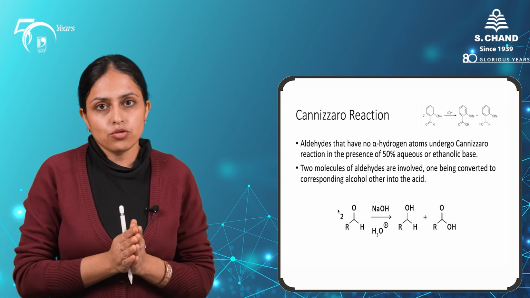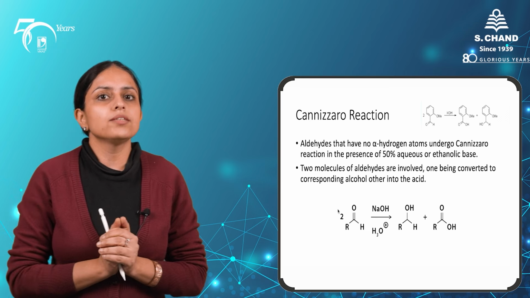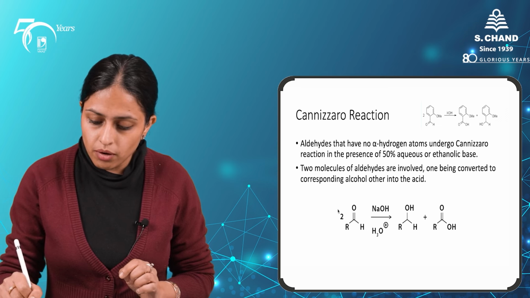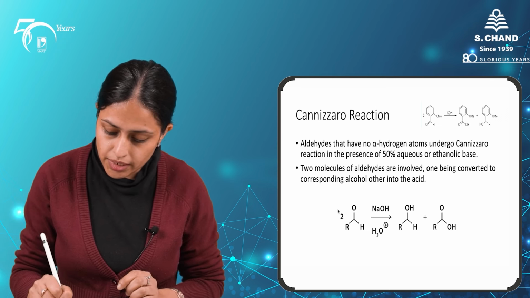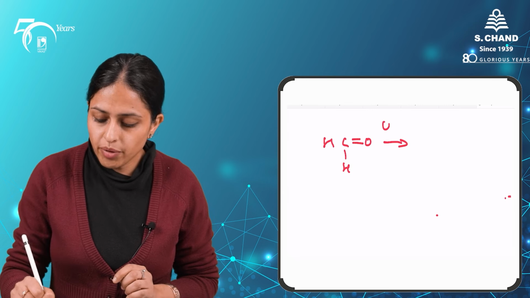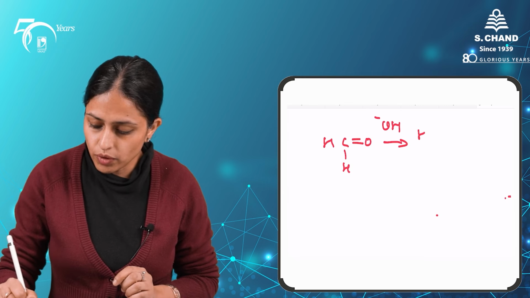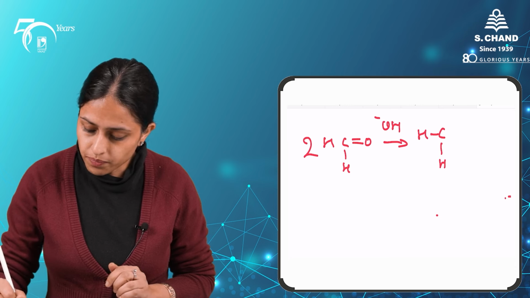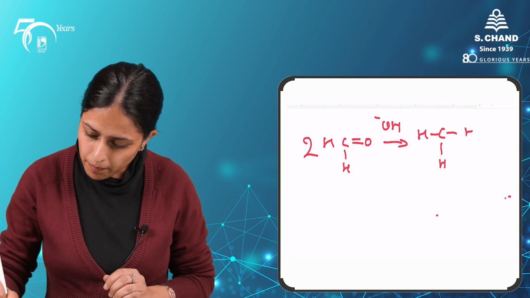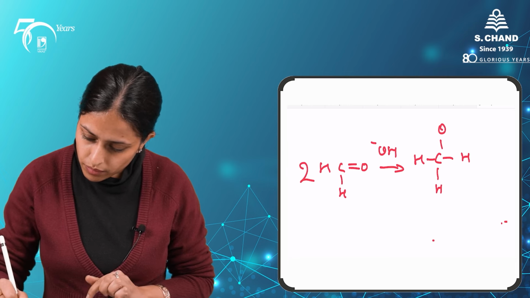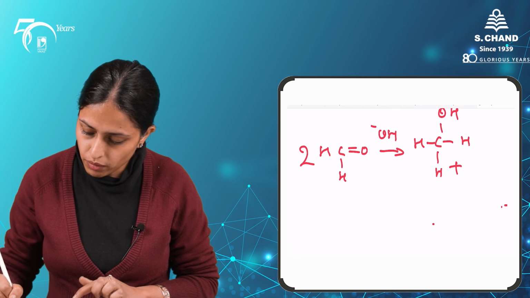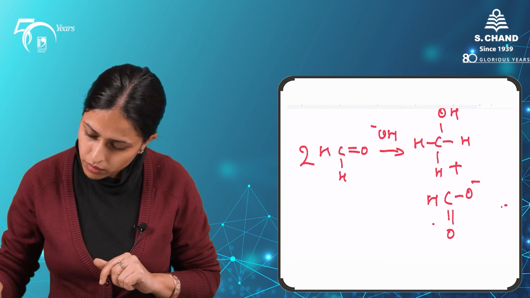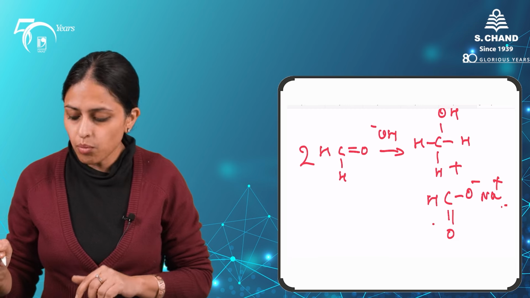So what are the products in the Cannizzaro reaction? Suppose two molecules of aldehydes which are devoid of any alpha hydrogen undergo the Cannizzaro reaction in the presence of a strong base. Say for example, if I take HCHO, which is formaldehyde, in the presence of a strong base, then the products will be sodium salt. One mole of your aldehyde will form the alcohol and the other one will form the carboxylic acid.